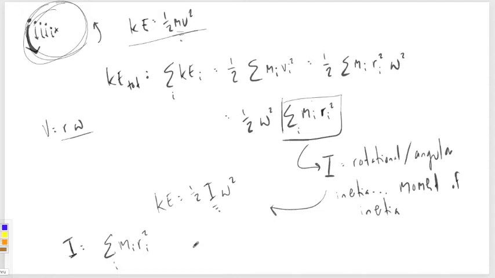If you go grab an object, just think about a rod, like a broomstick or something, and you try to start spinning that broomstick, first of all, whenever you spin something, and you guys need to get used to this, whenever we solve rotational problems, the first thing you want to do is define the axis of rotation. What is it spinning with respect to?